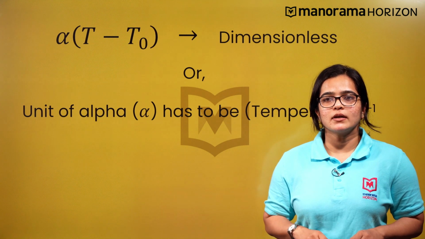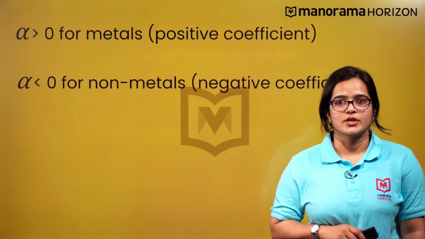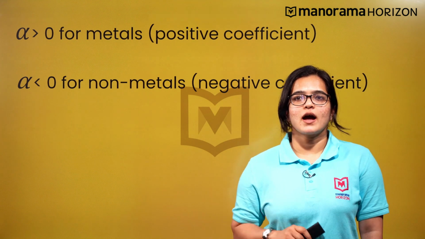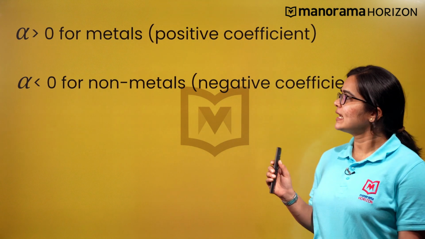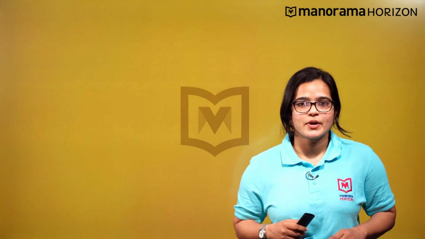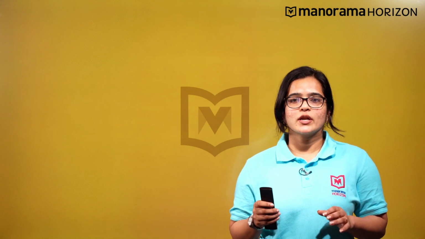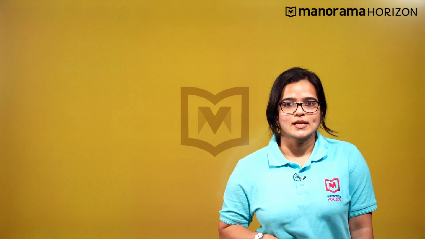This can only happen if the unit for alpha is the inverse of temperature. Now we can say that alpha is positive for metals and negative for non-metals. Thus in metals, an increase in temperature will cause the resistance to increase, while increasing the temperature of non-metals will cause the resistance to decrease.